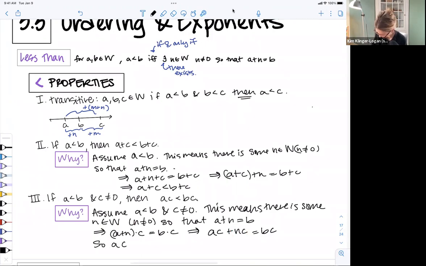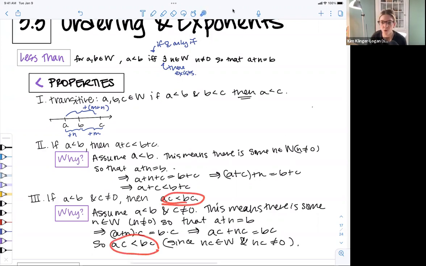So that means that AC has to be less than BC since NC is a whole number and NC is not equal to zero. Great, and that's exactly what our goal was.